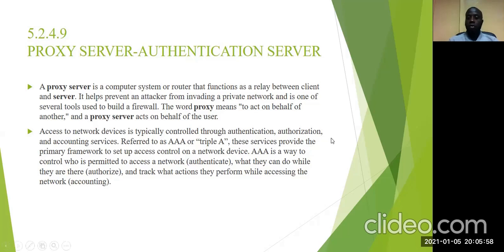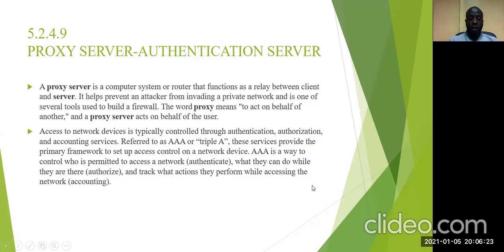The authorization: in every network, you must be authorized so that you can have access to the devices. For example, in a data center, if you don't have authorization or a key to access the data center, there is no way you can access it and do anything there. And accounting: in every network, there must be accounting.